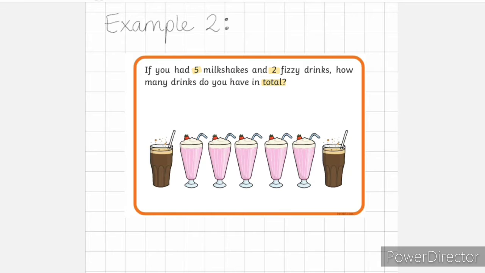And this word here, a little bit like in the last question when it said altogether, lets us know that we need to add those two numbers together. So I'm going to be doing 5 add 2 equals, and then you might know that answer or you might just count them, 1, 2, 3, 4, 5, 6, 7.